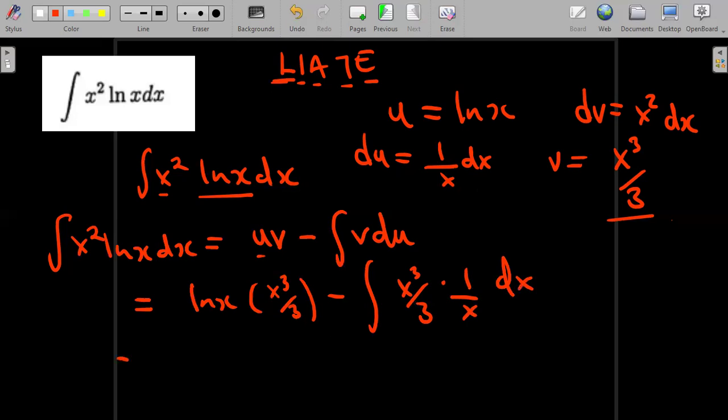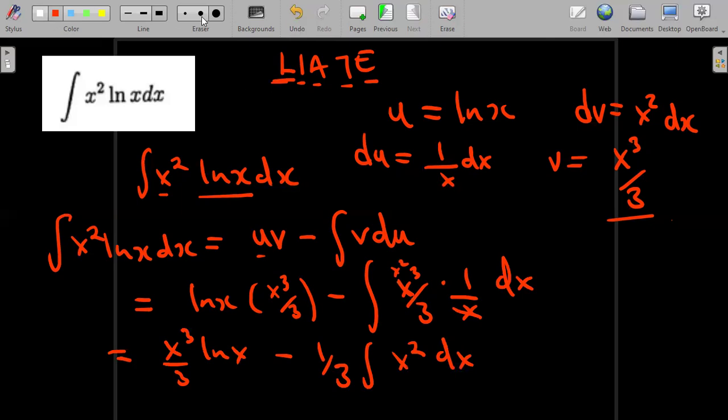So now from here, I can write x cubed over 3 like this, ln of x in front, then minus, here this x can divide into this x cubed, and I remain with x squared. Then I can move 1 over 3 to the front, so I have 1 over 3 times the integral of x squared dx, because the x has divided into this x cubed.